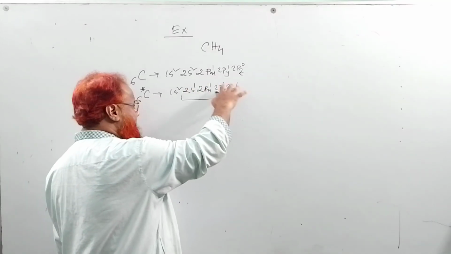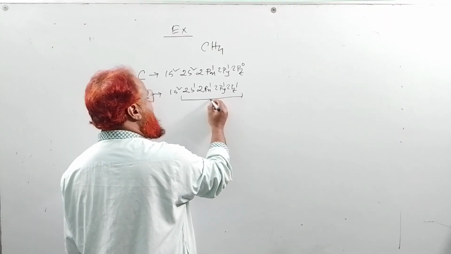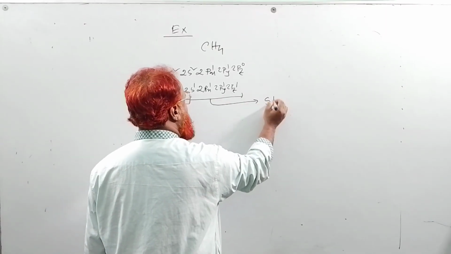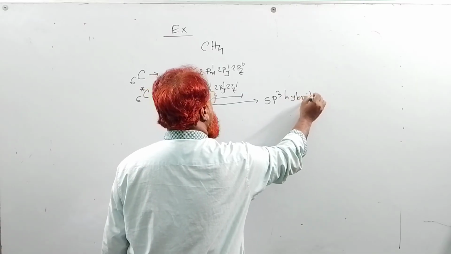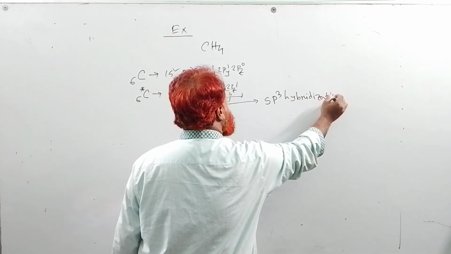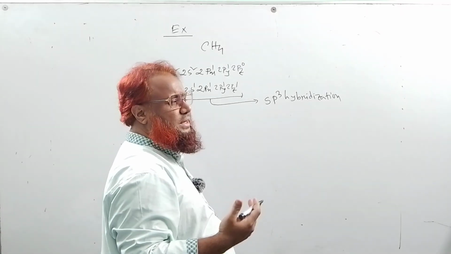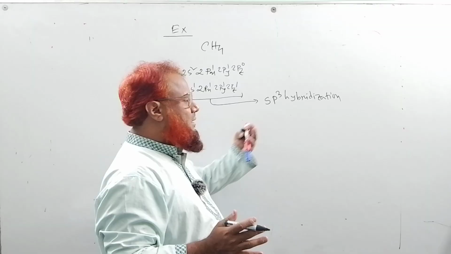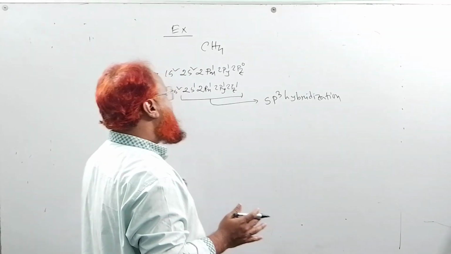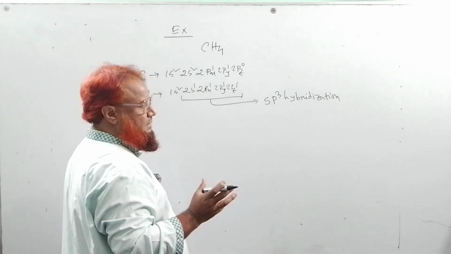So, if these orbitals are intermixed together, then the process will be what? sp3 hybridization. Why sp3, and why sp2 and sp3d? I will discuss it in detail in the upcoming lecture, but first we have to know the definition.